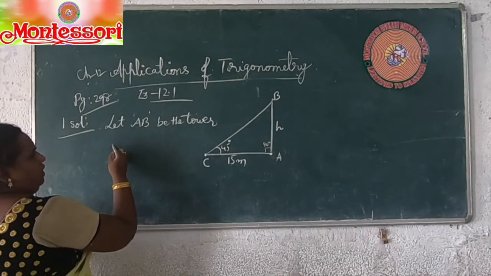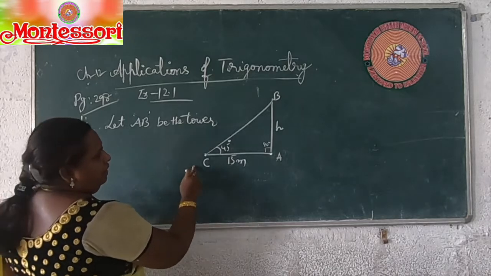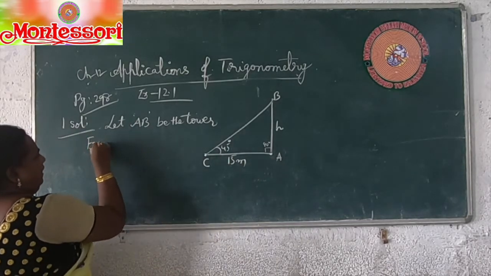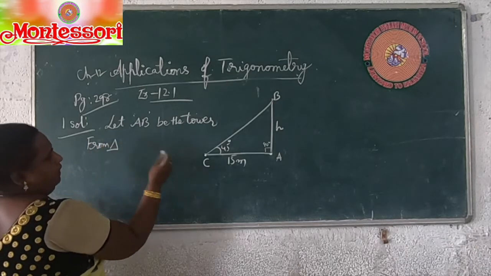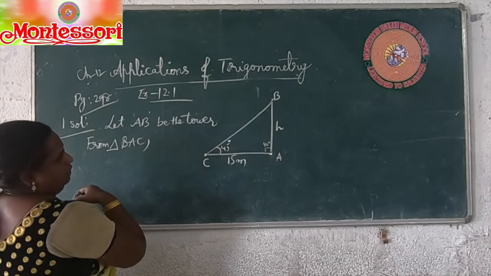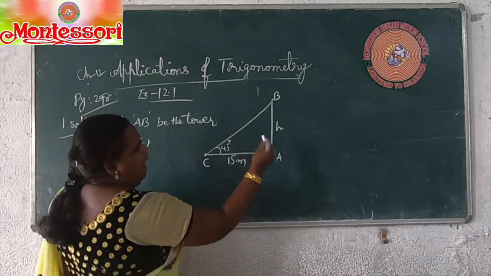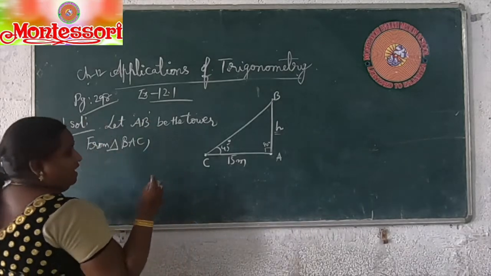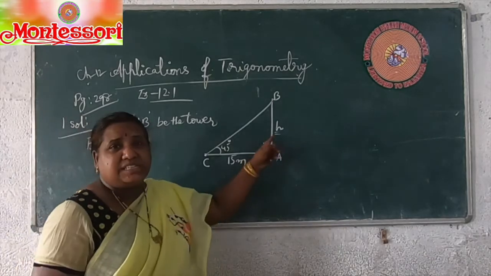Now AC is the distance of the observer from the foot of the tower. From triangle BAC, I want the opposite side and the adjacent side, so take tan. I am taking tan because I want opposite by adjacent.